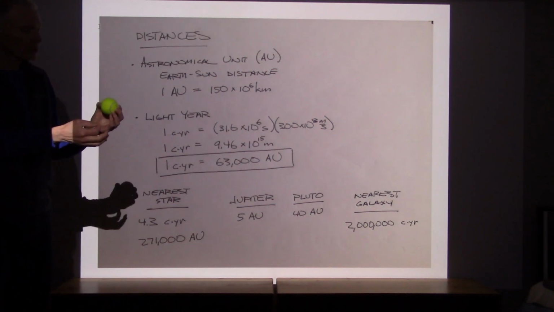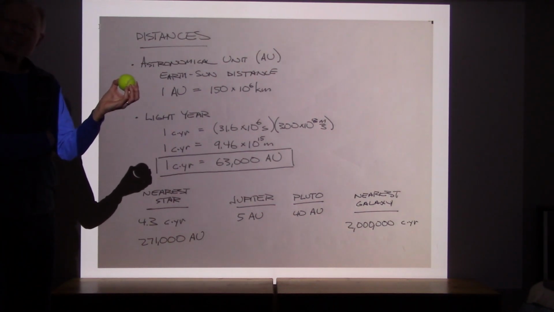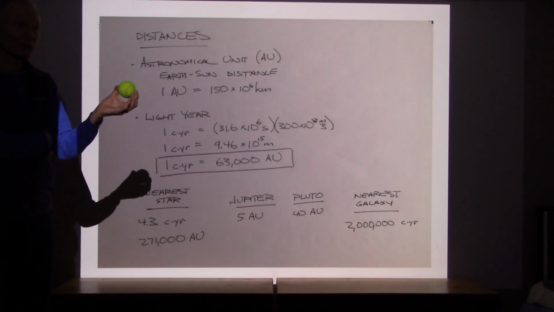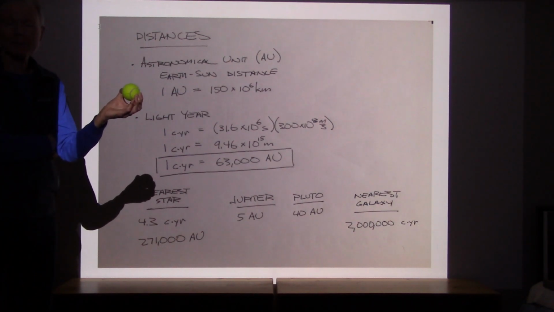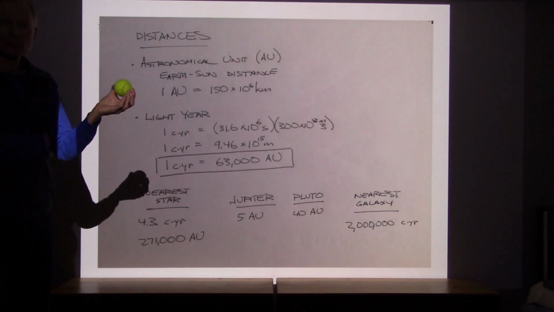So that would be 100 times 100 times 100. You could fit 1,000,000 Earths easily inside the volume of the Sun. 1,000,000 planets the size of Earth would fit inside the volume of the Sun.